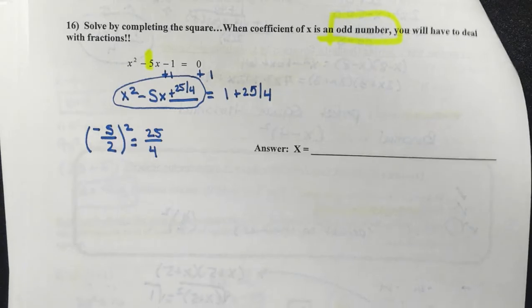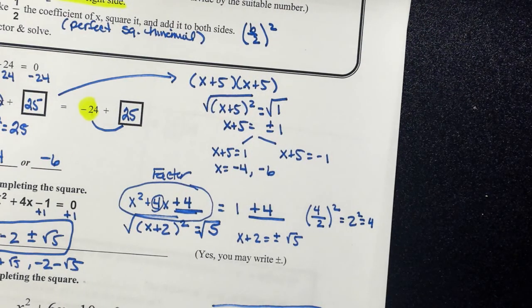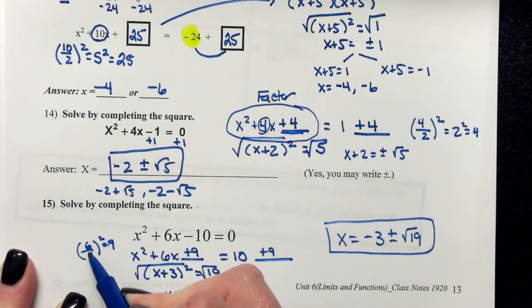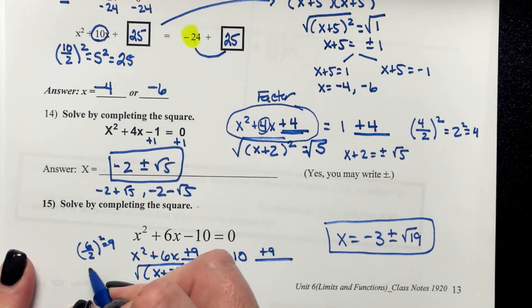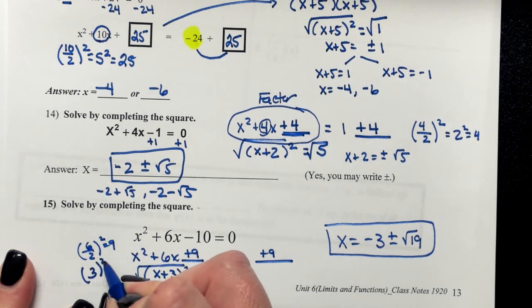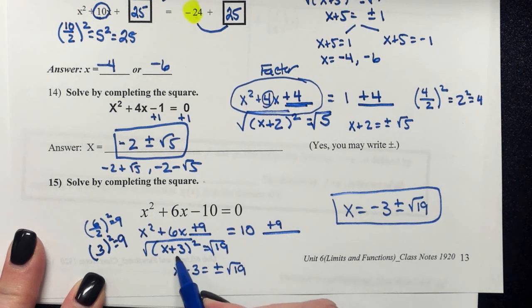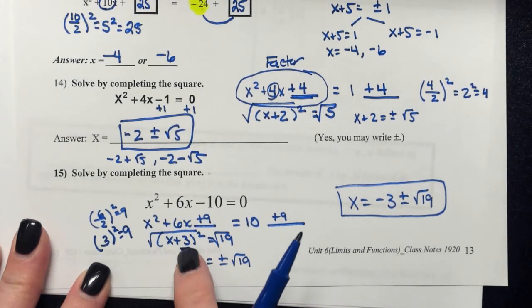Because if you look at the other 2 examples that I did, going back to the previous example, when I took 6 and I divided it by 2, that gave you a 3. And then when you squared it, you told me it was 9. When you factored it, notice that plus 3 was inside the parentheses.